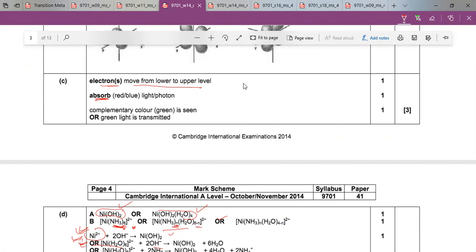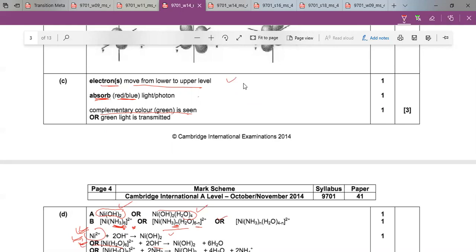Green's complement is red or blue, either one of them. But then the complementary color is what is seen. That means it absorbs the light, and the seen color is green. The green color is the complement of the absorbed, or the green light transmitted.